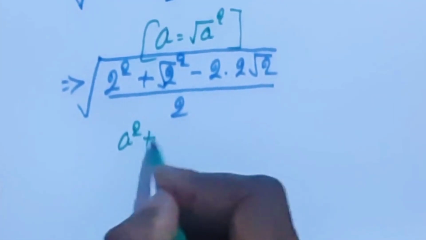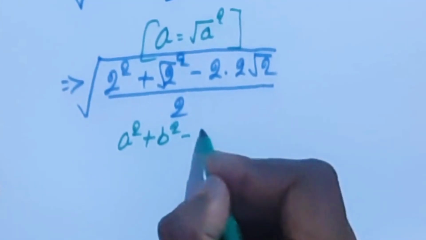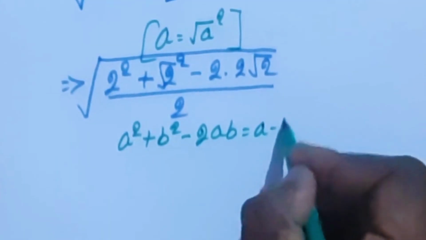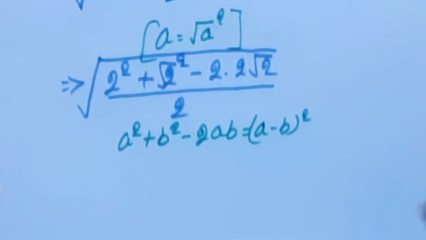Here we are going to apply this algebra formula: a square plus b square minus 2ab equals a minus b whole square. This we are going to apply here.